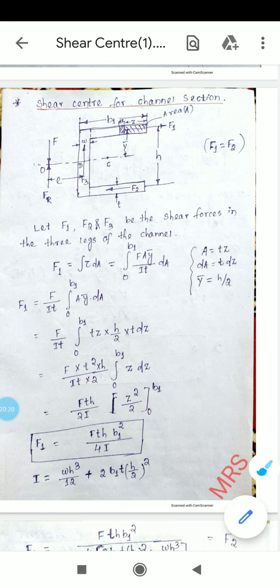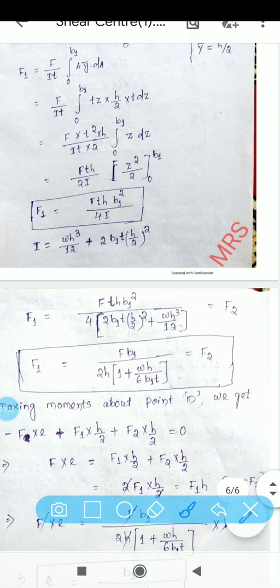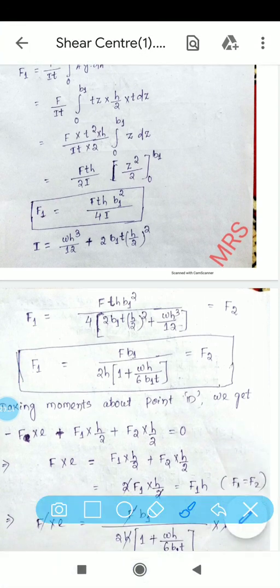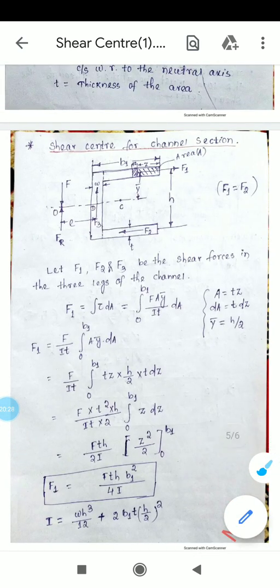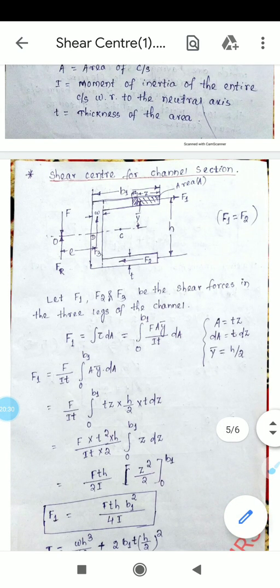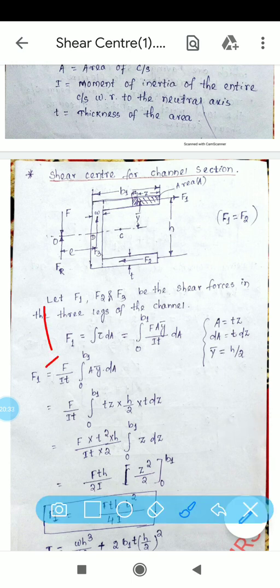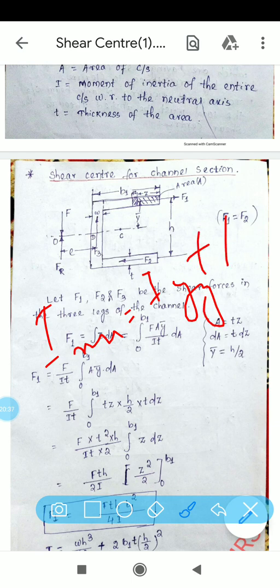Then the moment of inertia of the whole section: you put the parallel axis theorem. I xx is equal to I yy plus A h bar square. So I yy is equal to b d cube by 12. In this web section, base is w, depth is h.